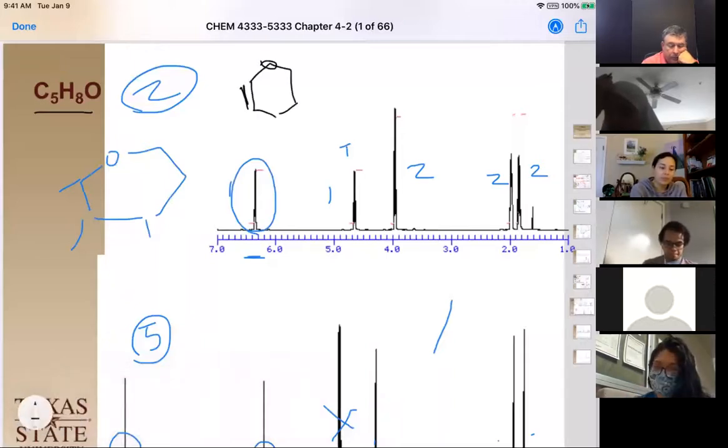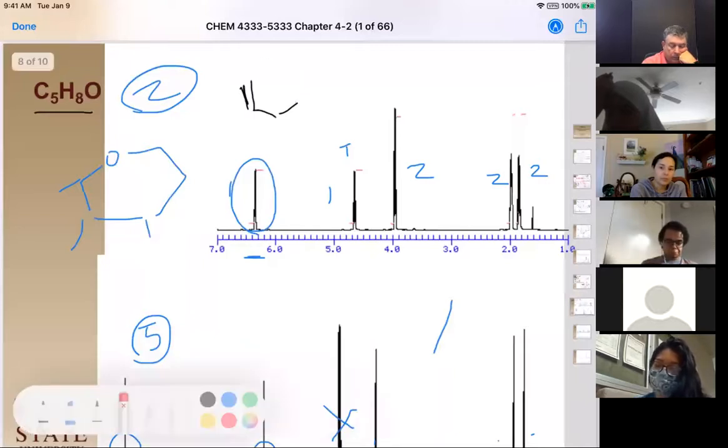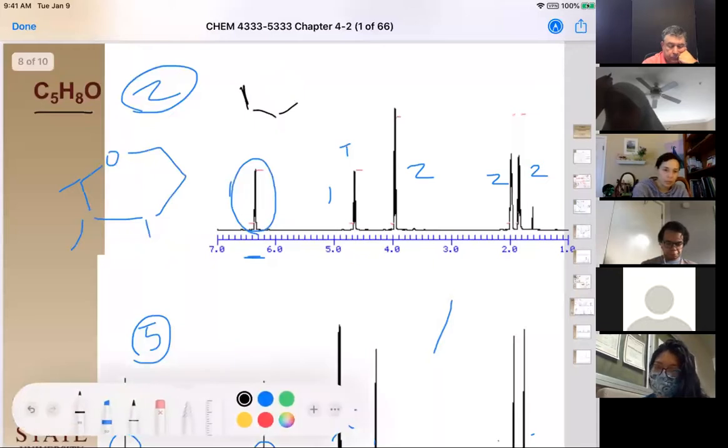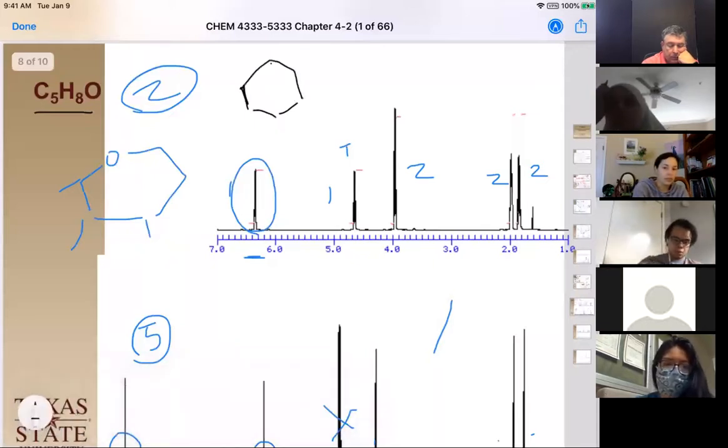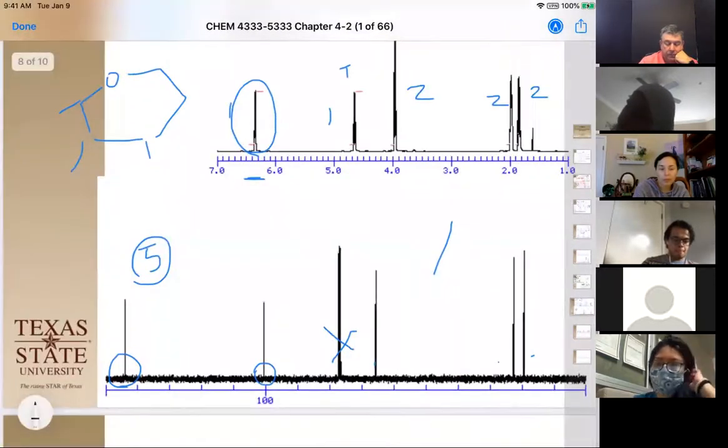We have 1, 2, 3, 4, 5, 6 membered ring with an oxygen in the ring and a double bond here. Okay, first of all, that gives us 1, 2, 3, 4, 5 unique carbons.